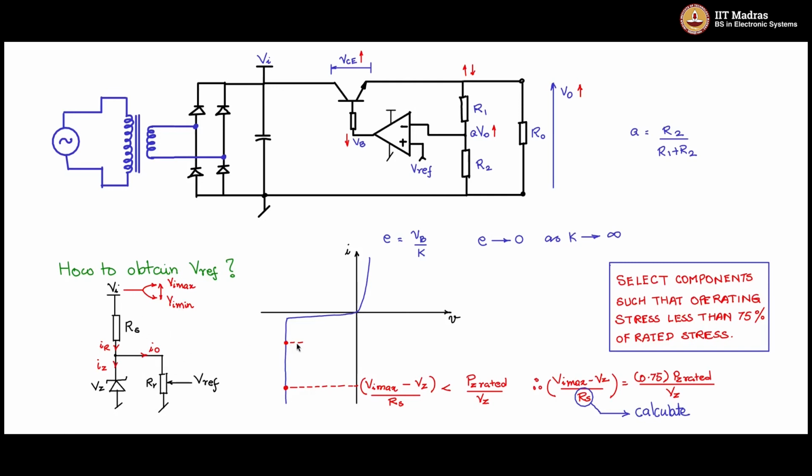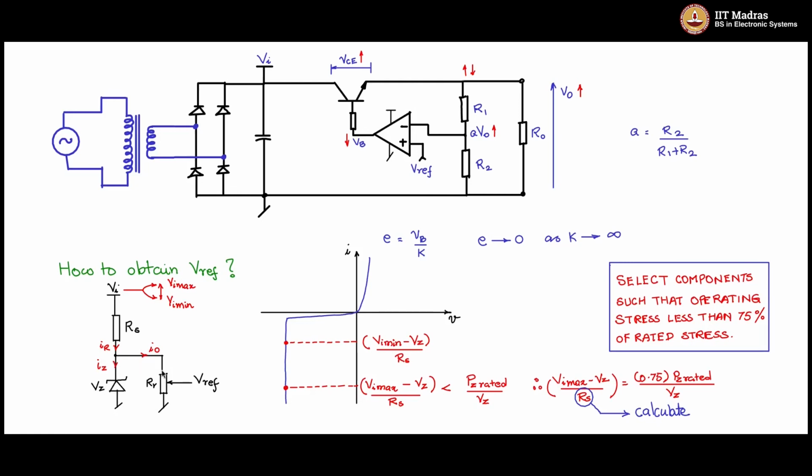So let us say that another operating point here is when Vi is Vi min. When it is Vi min, the current that is flowing through Rs is Vi min minus Vz by Rs. And if Rr were not there, the entire current would flow through Iz, and therefore you will have an operating point like this when Rr is infinite: Vi min minus Vz divided by Rs.